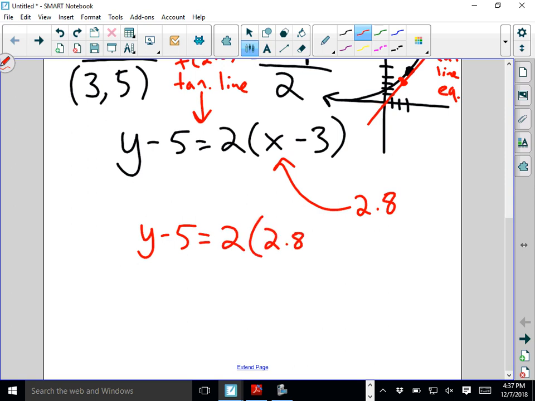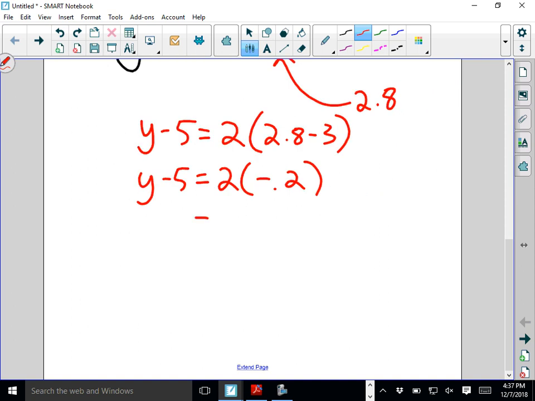Now I have to do 2.8 minus 3, and that comes out to be negative 0.2. Now I have to do 2 times negative 0.2. 2 times negative 0.2 is negative 0.4. And now I just have to add 5. Negative 0.4 plus 5 is the same as 5 minus 0.4. 5 minus 0.4 is 4.6.